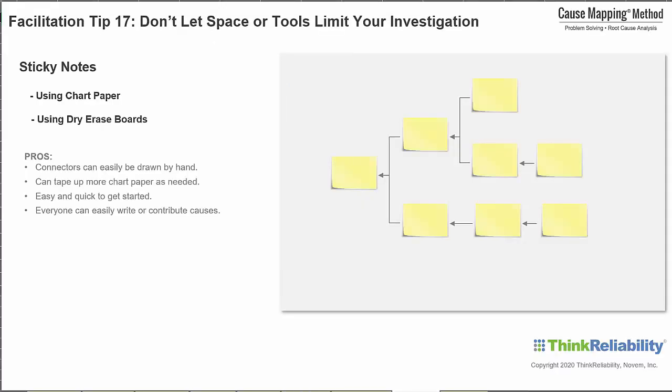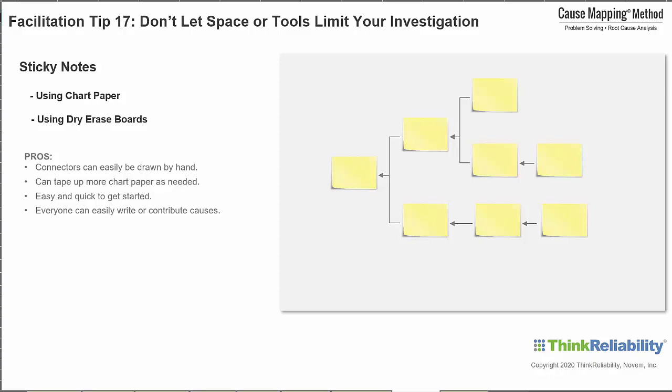A couple things about building the Cosmap with sticky notes, whether you're applying it on chart paper or dry erase boards. If you've ever built a Cosmap diagram, you probably recognize that you're moving the causes around quite a bit. On a dry erase board, you're going to draw those connectors in right away because you can easily erase the lines and the arrows as you move those causes around. On chart paper, it's going to be a little bit more challenging.